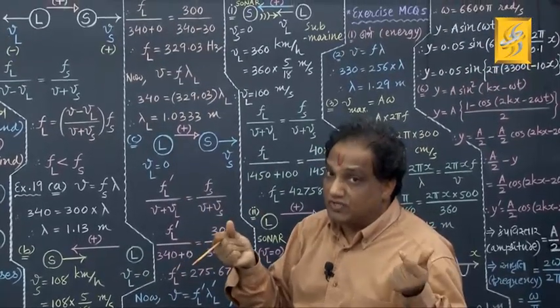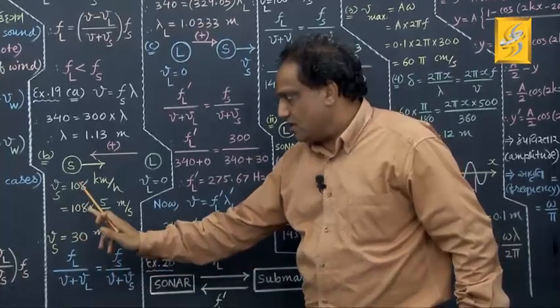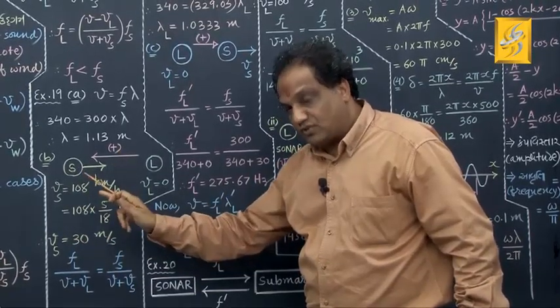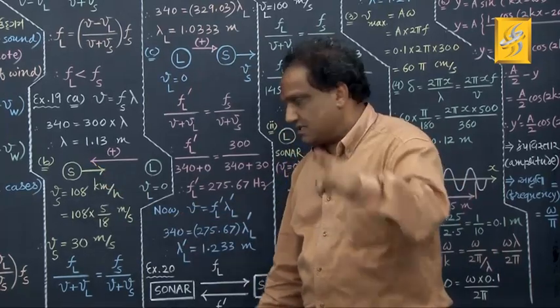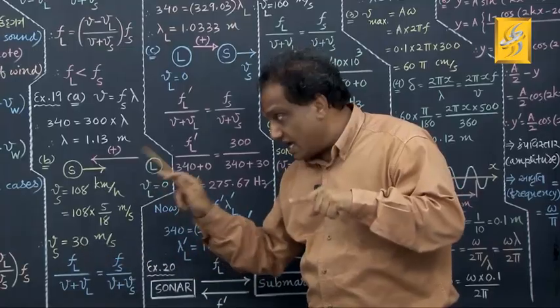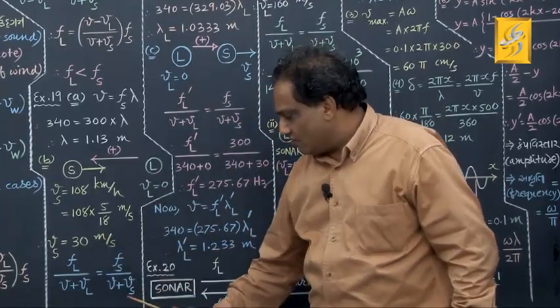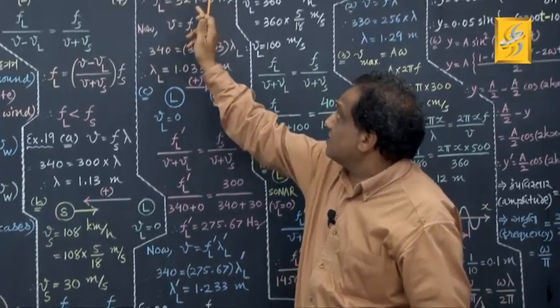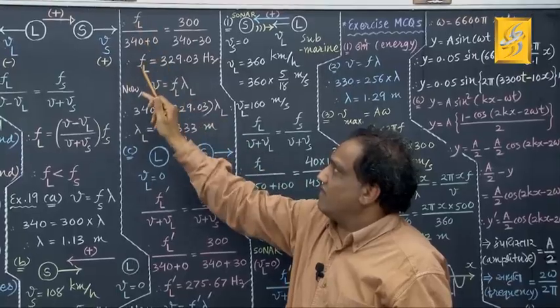And I told you the velocity of sound should always be taken positive. What about Vs? Because the direction of velocity of source is opposite to this direction, we should take it minus. So Vs is 30 in value, but according to the sign convention we take it as minus 30 meter per second. Simplify, and you will get the value of FL.